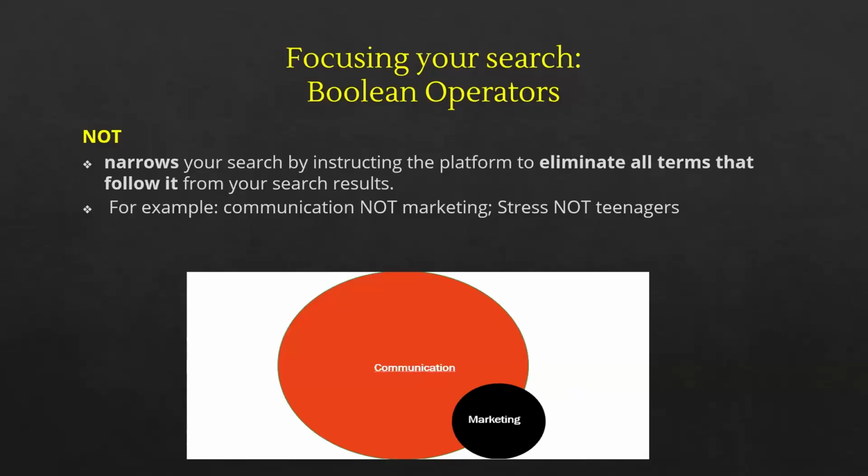In the search bar, you'd write communication, and then in letters, "not", and then marketing. Another example is if you are investigating stress, but you don't want studies pertaining to stress amongst teenagers, then you would put stress "not" teenagers, and it would eliminate all studies pertaining to stress and teenagers.